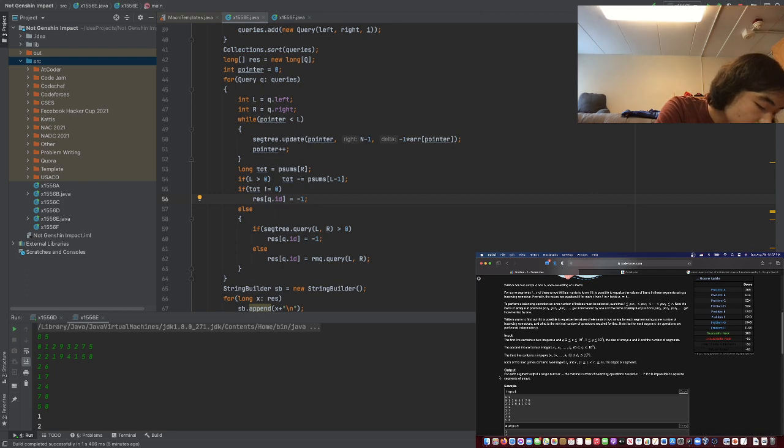Wait, the sum is the same though, right? Wait, why is the sum not the same anymore? I increased this, then I decreased this. I increased this. And now this is a decrease. Wait, okay, this is this plus 1, this minus 1, this is the same. This plus 1. Okay, I'm stupid. This minus 1. Okay, that makes more sense. And then it's just like that.